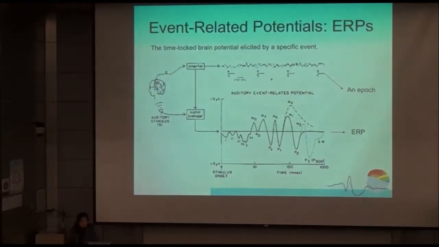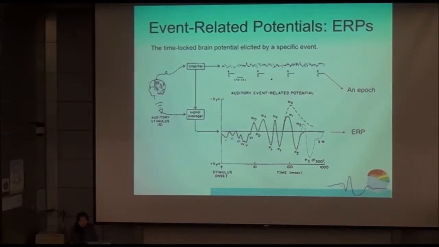And ERP is the event-related potential, which means the time-locked brain potential elicited by a specific stimulus or event. Basically, you can extract this kind of event-related potential from the continuous EEG. For example, this is an auditory ERP paradigm.